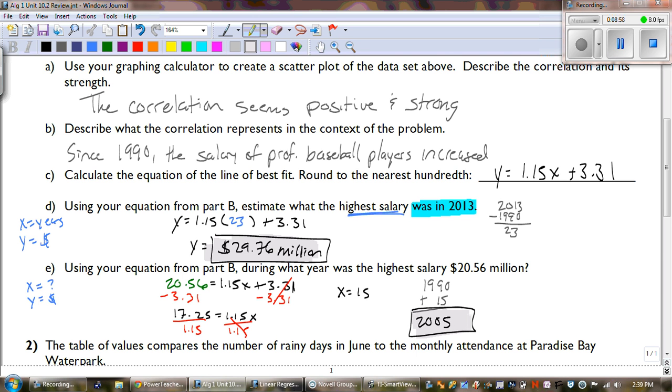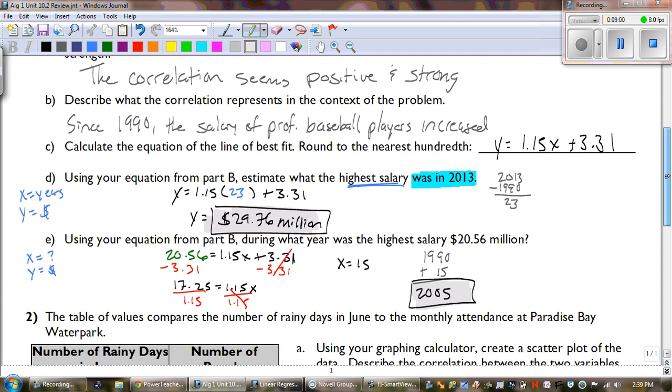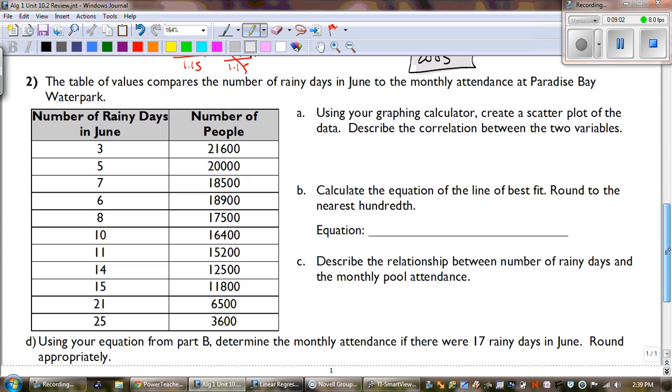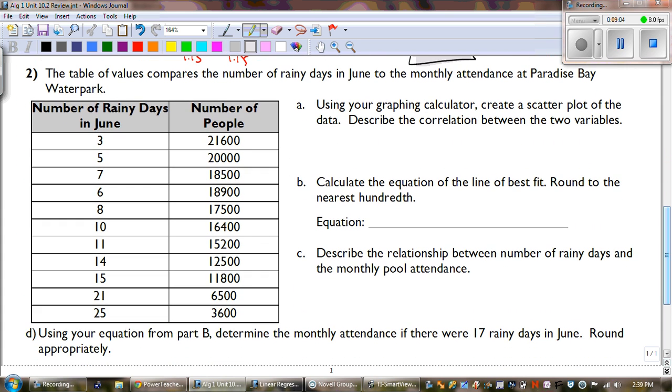Okay. So, next one. The table of values compares the number of rainy days in June to the monthly attendance at a Paradise Bay water park. Question A says use your graphing calculator, create a scatter plot of the data, and describe the correlation between the two variables.